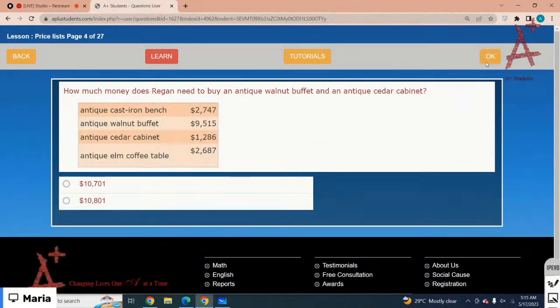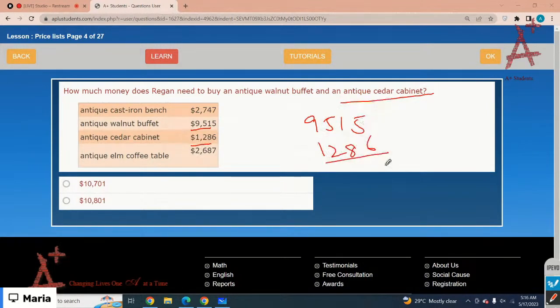Okay, how much money does Reagan need to buy an antique walnut buffet and an antique cedar cabinet? So you have to add the price of both the items. Antique walnut buffet is 9,515 and antique cedar cabinet is 1,286. So it would be 5 plus 6, 11. 8 and 9 and 10, 0, 1 carry. 5, 6, 7 and 8 and 9 and 1, 10.